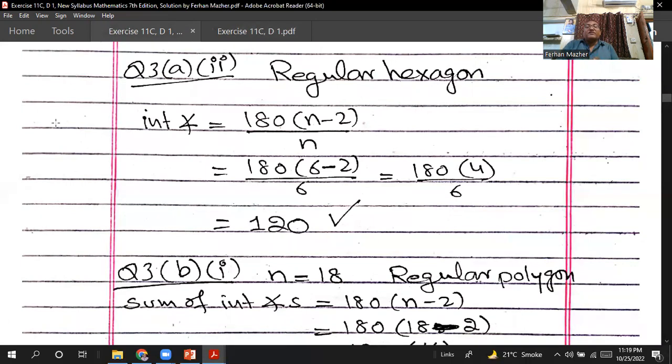Simply put the value, so it will be 180 bracket 6 minus 2 bracket close divided by 6. So it will be 180 into 4 divided by 6, and that will be 120. So each internal angle of a regular hexagon is 120. And regular hexagon means a hexagon whose all sides are equal and all the interior angles are also equal to each other.